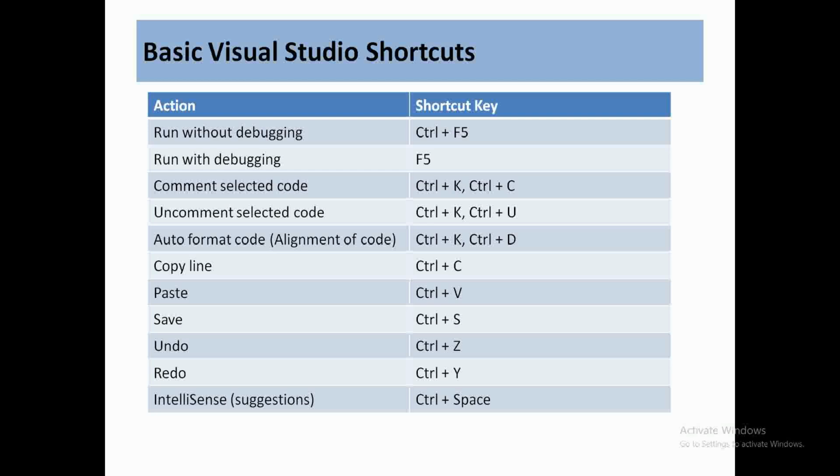And run with debugging, F5, means that if we put some breakpoint into that program and we want to check the logic of what is happening in a single line or what value is given in that line, we can check it by just pressing F5.